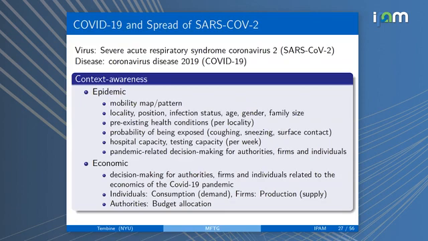So the pandemic aspect is, in terms of modeling, we want to understand the spread. We need a mobility map. So it means that the game will be run on a graph, the graph of the mobility map.